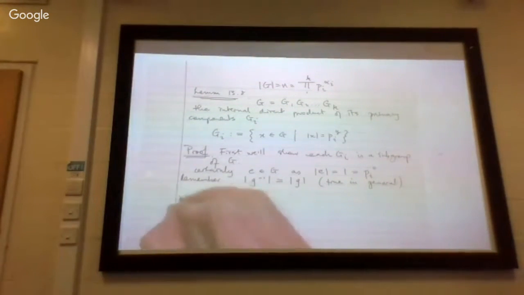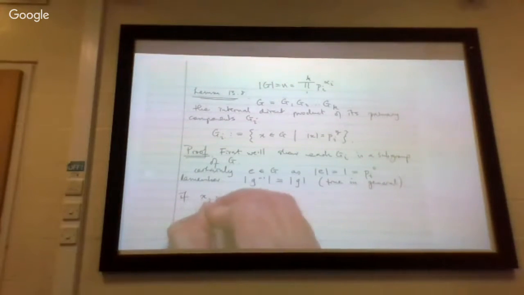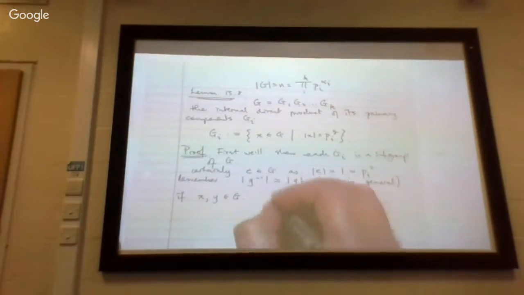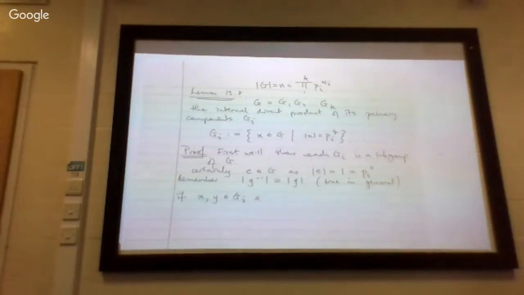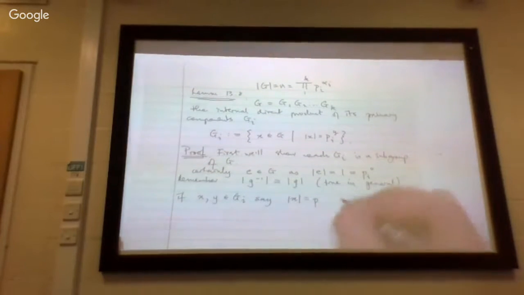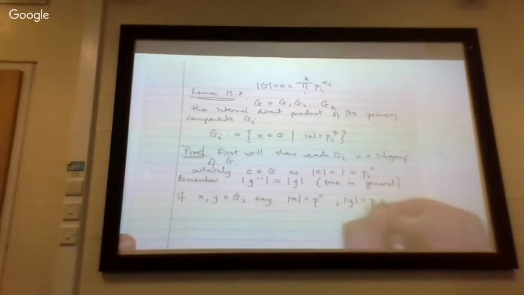So if x and y are elements of G_i, say the order of x is p_i to the r, I'll stick with this notation, and the order of y is equal to p_i to the s.